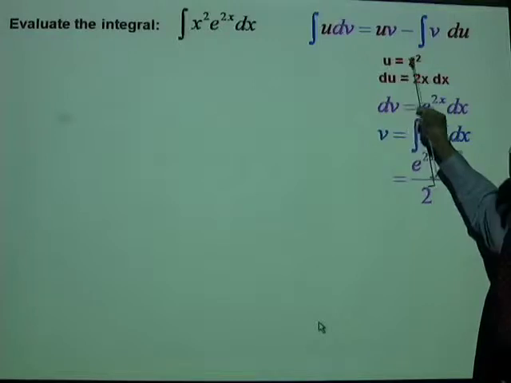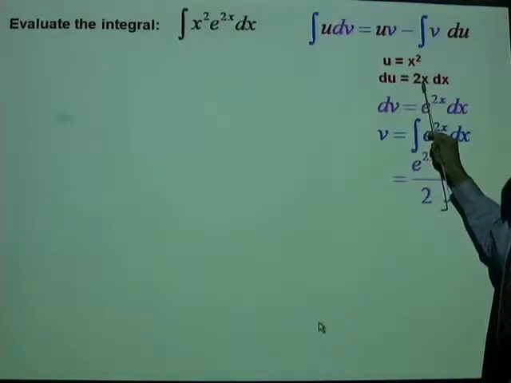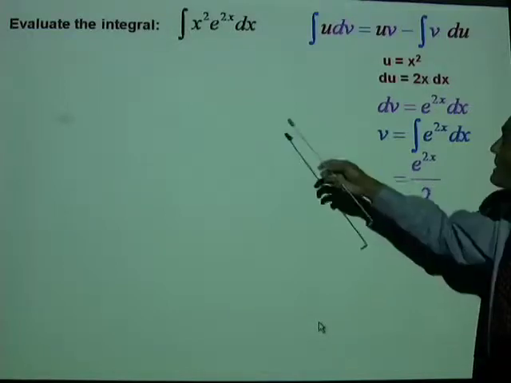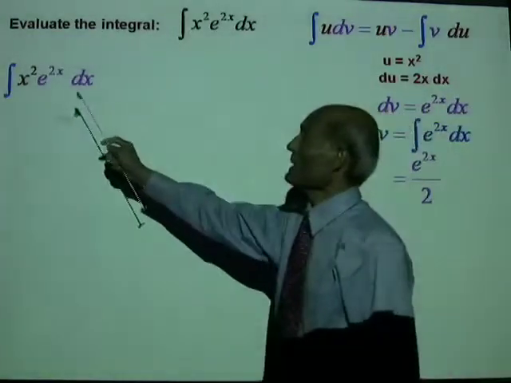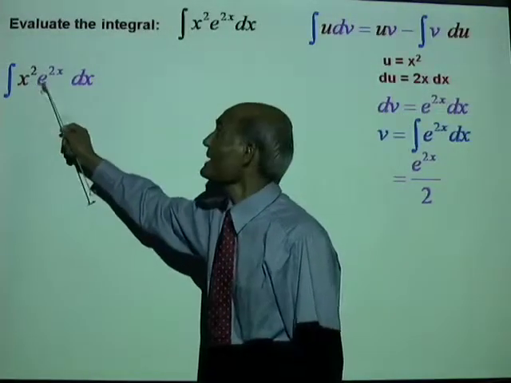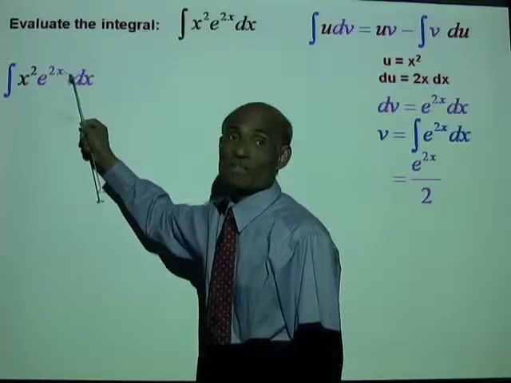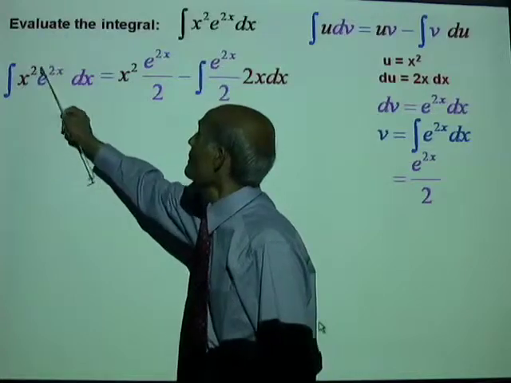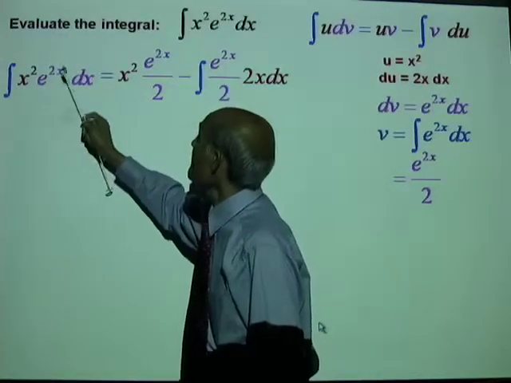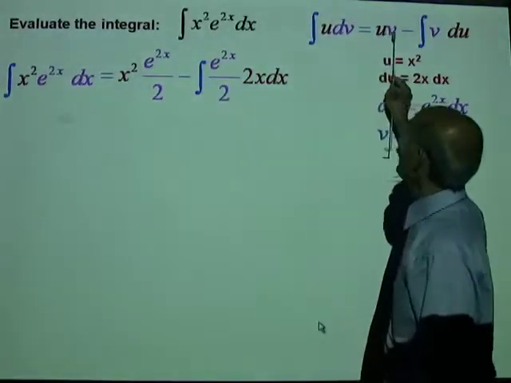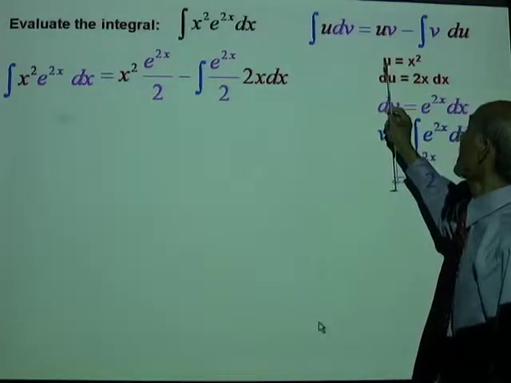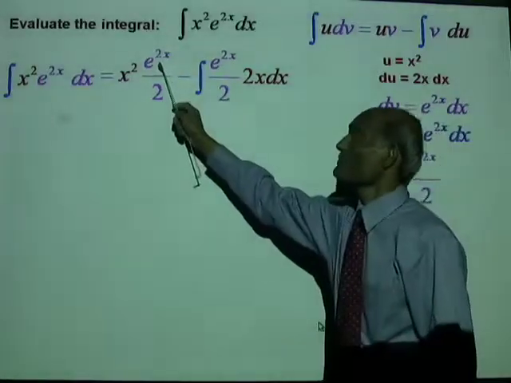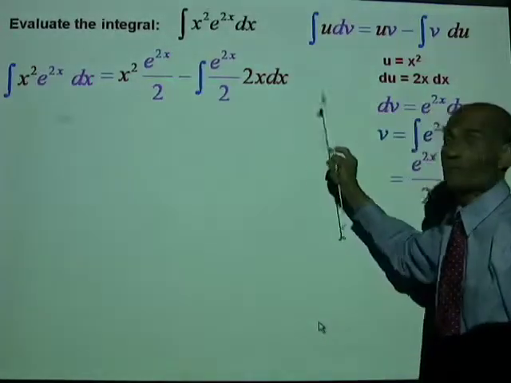Again, you have your u, you have du, we have v and dv. Let's write down the integral. Integral x squared e to the power of 2x dx is, x squared is u, this is our v, so that will be u times v. U times v is x squared times e to the power of 2x over 2, is that right?